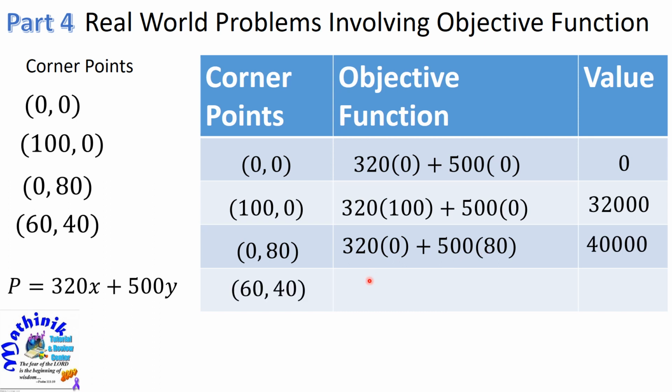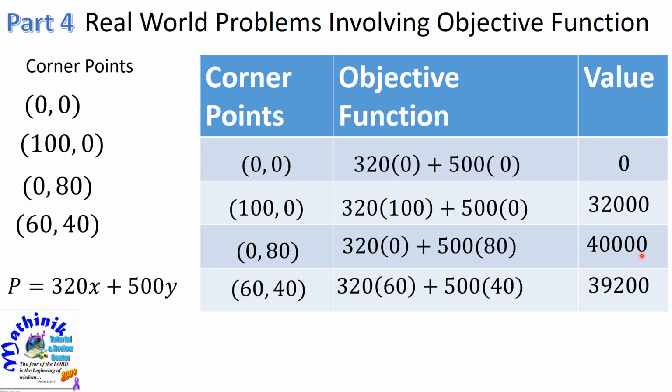Okay, last we have (60, 40). 320 times 60, that will be 19,200, plus 500 times 40, that will be 20,000. Add, we have 39,200. So from here, we now have the possible values for P, our objective function.